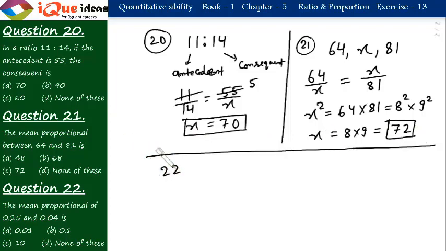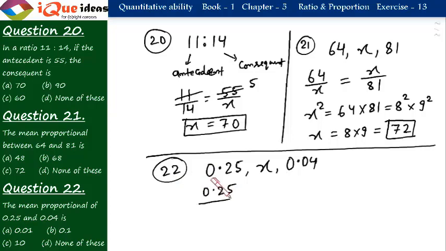Similarly, question number 22. It says the mean proportional of 0.25 and 0.04. Same process as we did in the 21st question. We will assume 0.25, x as the mean proportional, and the third number is 0.04, and then we write the ratio as 0.25 upon x is equal to x upon 0.04. So x square is equal to 0.25 into 0.04.